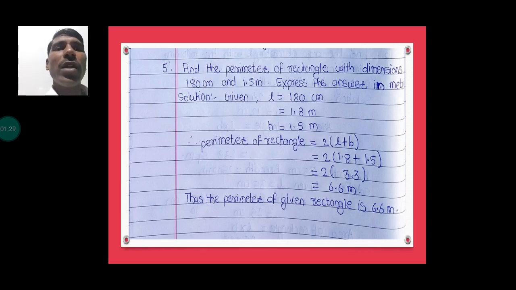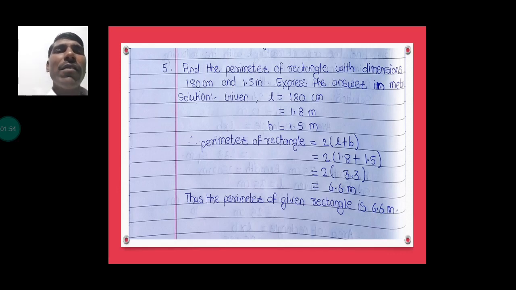So the two dimensions have different units. One is in centimeter and the other one is in meter. They have asked to express the answer in meter. So we can do one thing. We can change the unit centimeter into meter. So let's start the solution of this example.